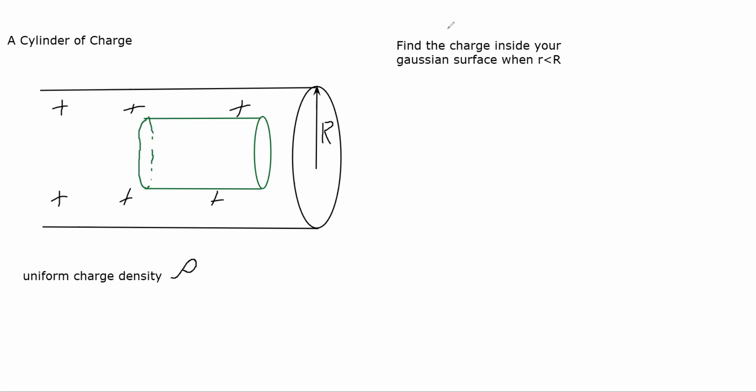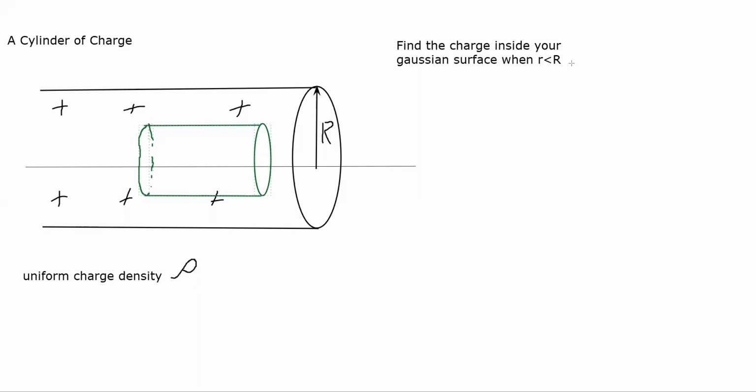Maybe it doesn't look that way. Being a little bit picky here. Sorry guys, bear with me. There. Okay, so the radius of my Gaussian surface would be lowercase r.